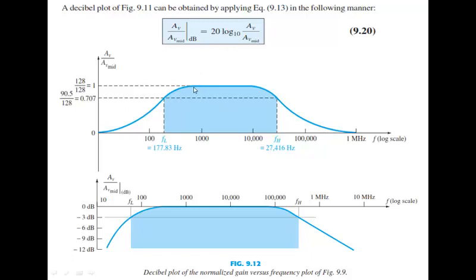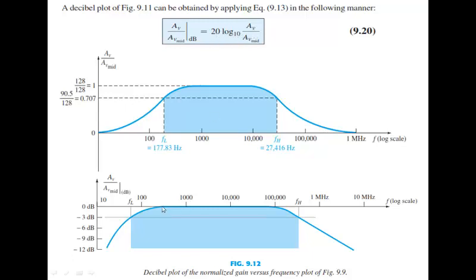So you can see that in this range the normalized response is at 1, and when you convert in dBs, you take 20 log of 1. Log of 1 is 0, so 20 log of 1 would be 0.